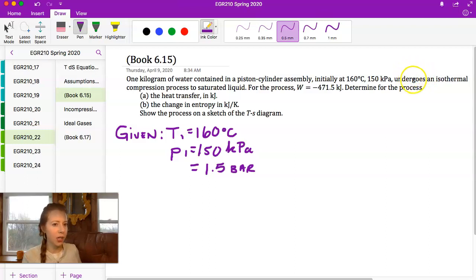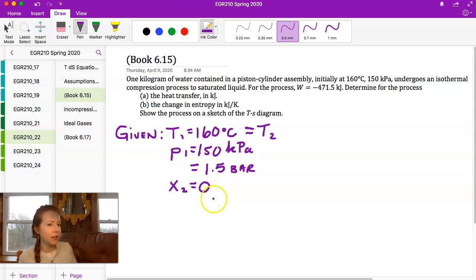So with compression, we know that P2 is going to be greater than P1, but isothermal tells us we have constant temperature, so T1 is going to equal T2, which is going to be 160. And it undergoes the isothermal compression to a saturated liquid. So that tells us we're on the far left side of the vapor dome, where our quality, so X2, is going to be 0 because we're at a saturated liquid. Remember, saturated gas tells us that quality is 1.